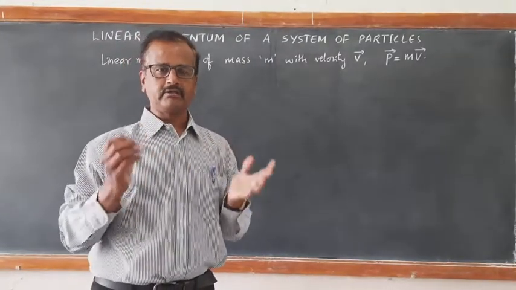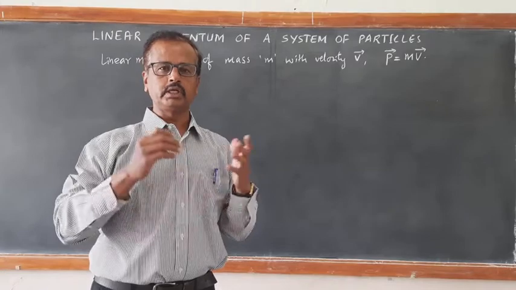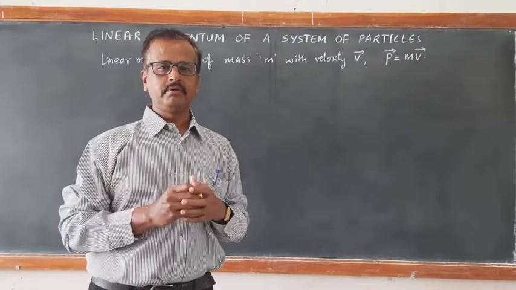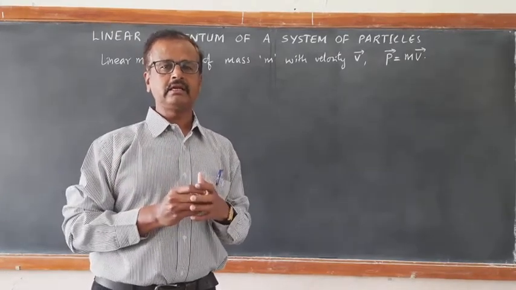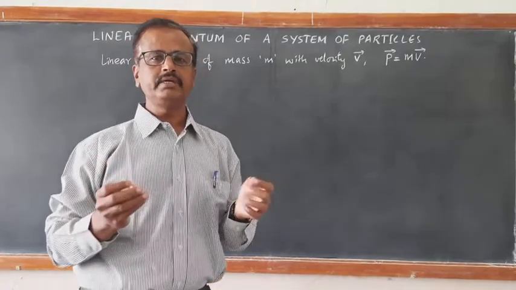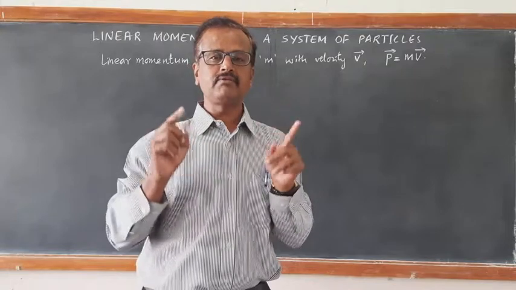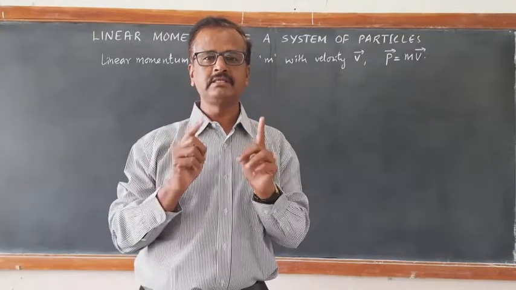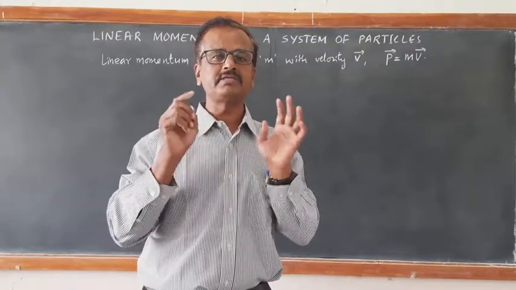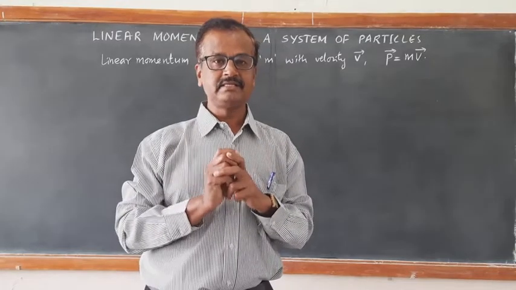If we calculate the total momentum of these particles, it is the vector sum of all these momenta, which gives the total momentum of the center of mass. How is this?